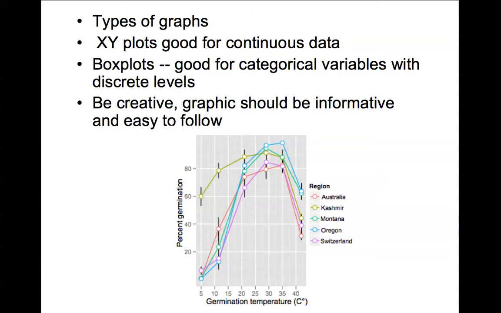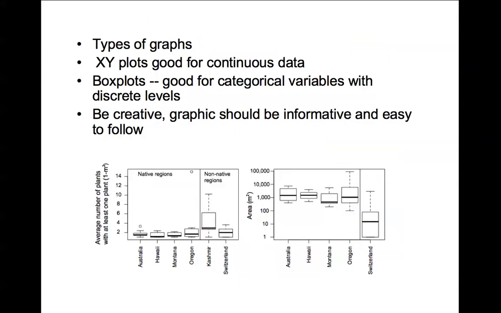There's a really good TED talk by a Swedish public health official that shows trends in human reproduction rates and GDP around the world. You can Google that. You can look for good scientific presentations on the web. There's some really amazing things that people can do with graphics now. So there's just an example of box plots.